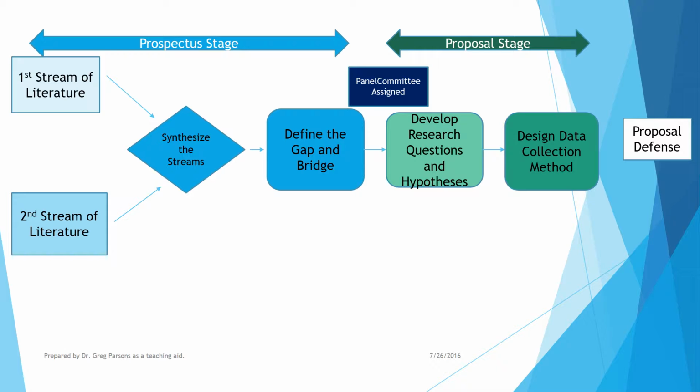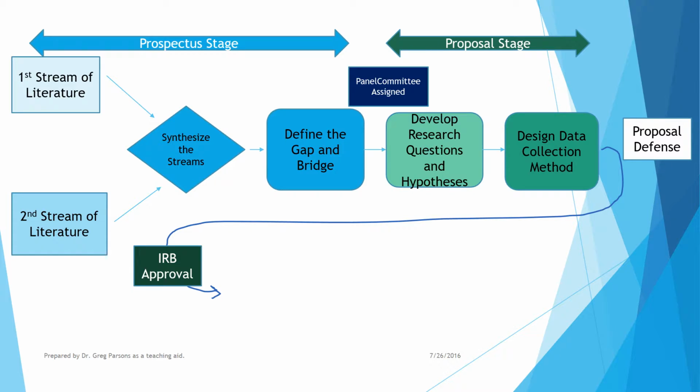Defend your proposal. Once the proposal has been defended, then you have your methodology and your data collection described. Then you apply to the IRB for approval to move ahead and actually start collecting the data.